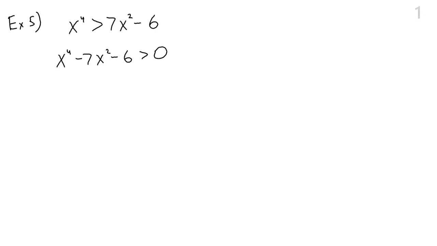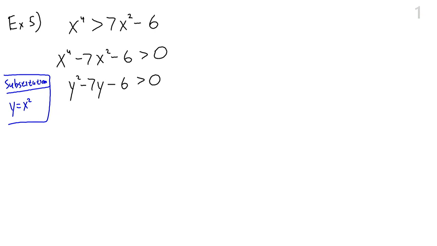We can factor this using substitution, where y equals x squared, just like we solved those polynomial equations. So now we have y squared minus 7y minus 6 greater than 0.